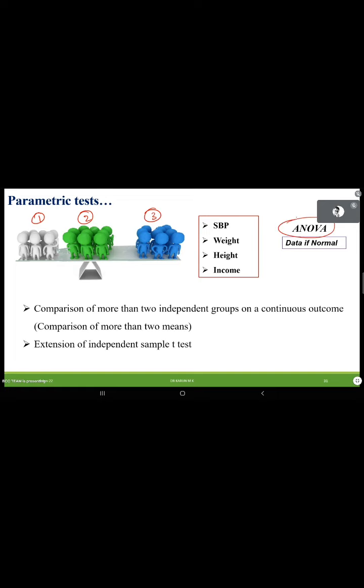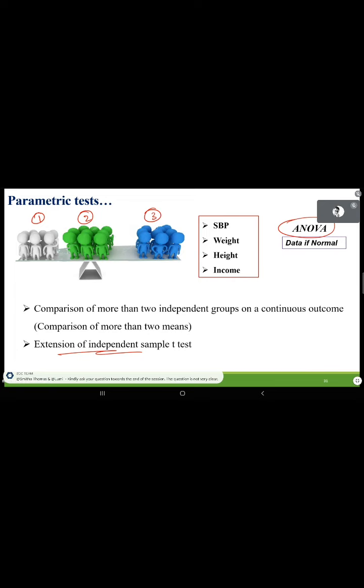Actually, ANOVA is an extension of independent sample t-test. What is the difference between ANOVA and t-test? With a t-test, we compare the average value of a variable between two groups. If more than two groups are there, we are supposed to do ANOVA. Clear, no?